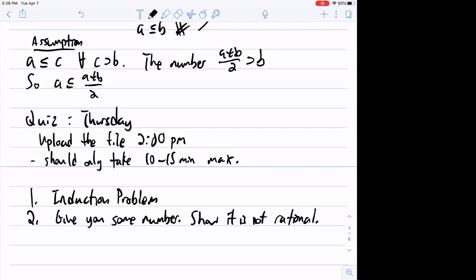Do we have to do all of it within 15 minutes, including the scan? No. The quiz itself should only take that long, but you have from 2 p.m. Thursday to 12:01 a.m., so about 10 hours. I'm not saying you should take 10 hours.